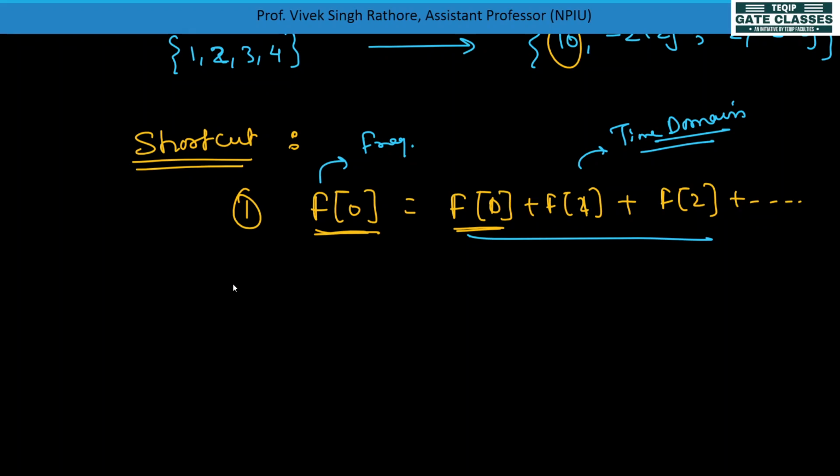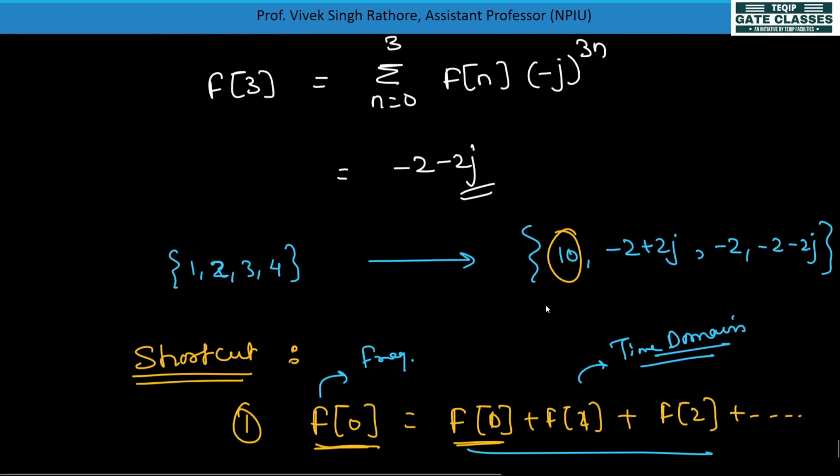Okay, next, what shortcut can you understand? You can see this expression minus 2 plus 2j, and this expression minus 2 minus 2j. Ultimately they are conjugates of each other.